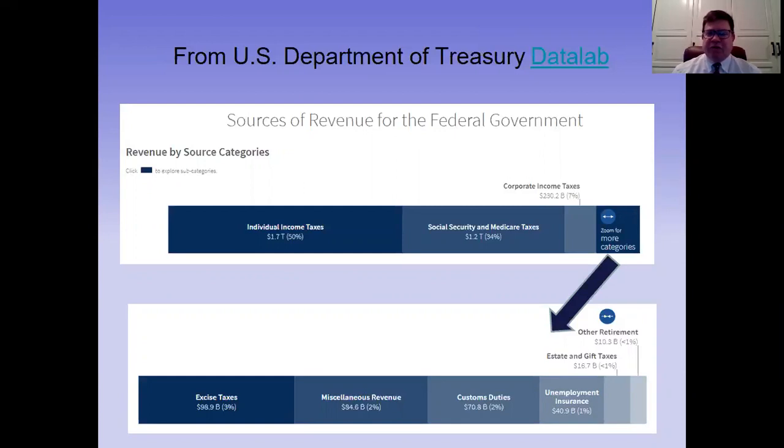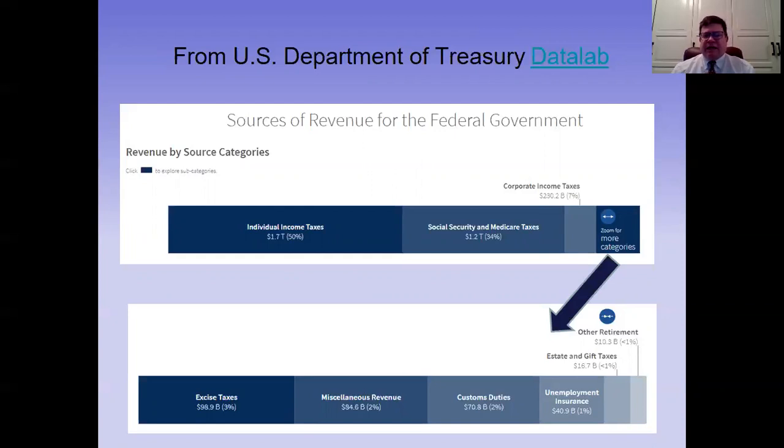It's the U.S. Department of Treasury's Data Lab, and they provide the sources of revenue for the federal government. And if you look here, what we see is that the individual income tax, as mentioned, is the largest source of income for the federal government at about 50% of all the money that it brings in.